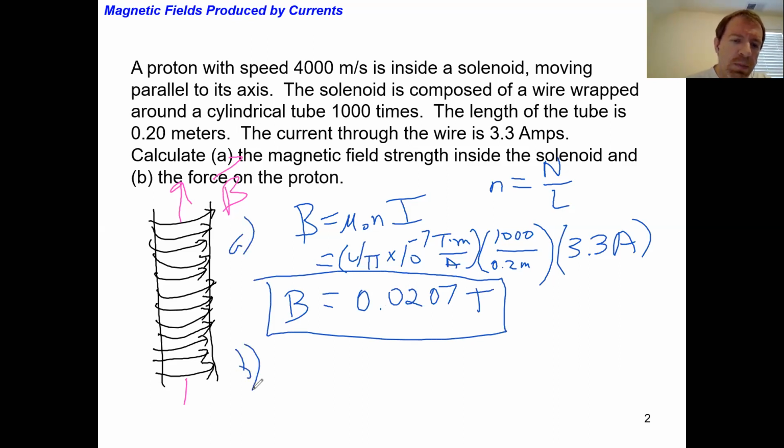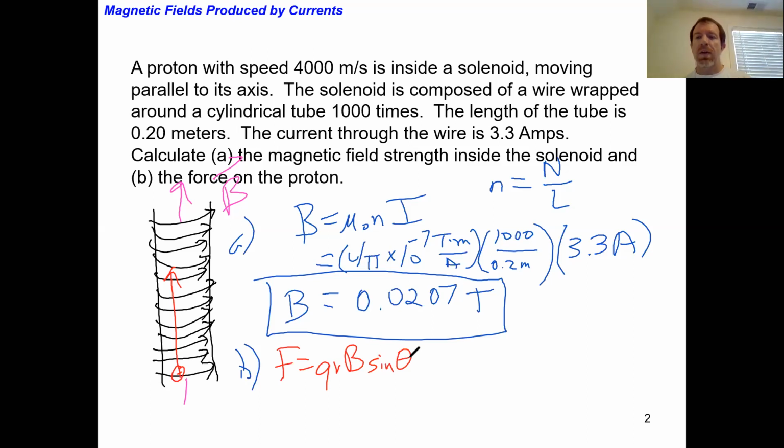Part B says that now we have maybe some proton directed this way. It's moving along the same direction as the axis, and we're asked to calculate the force. We can recall that the force on a moving charge is equal to QVB sine theta.